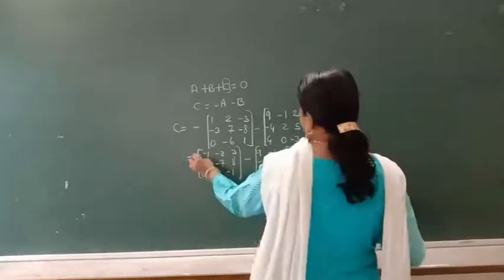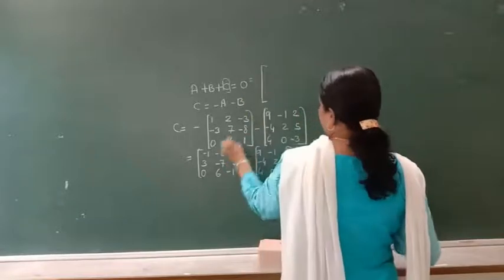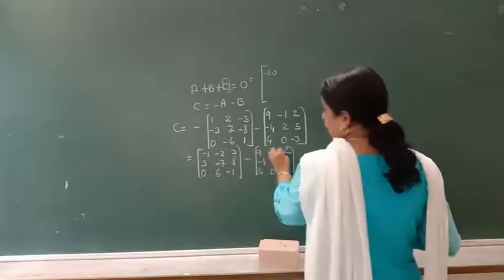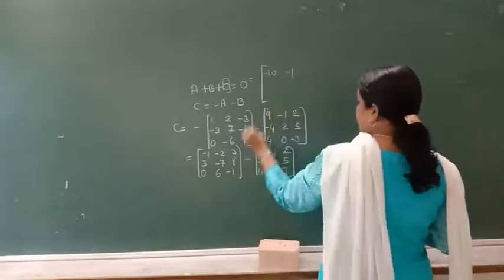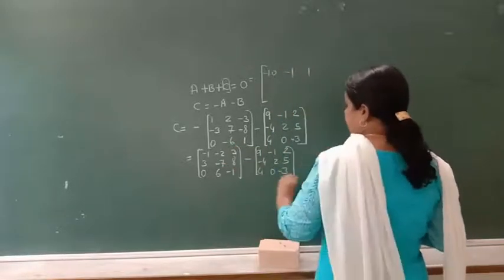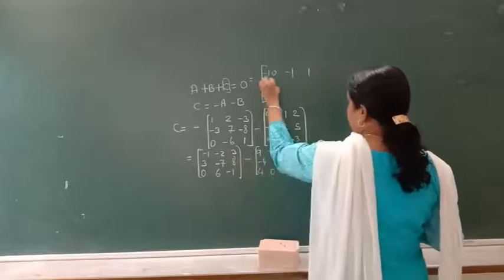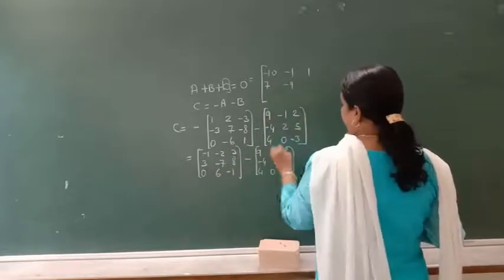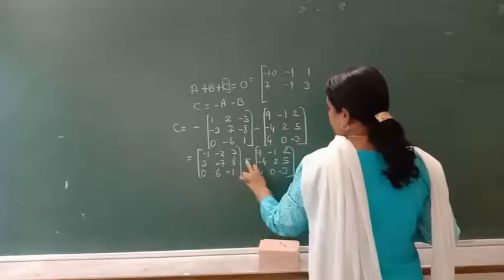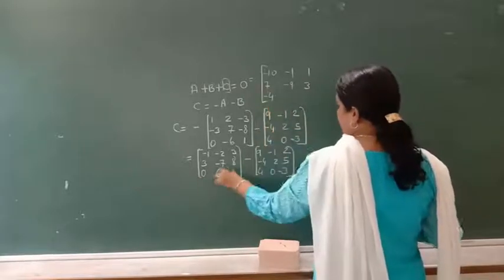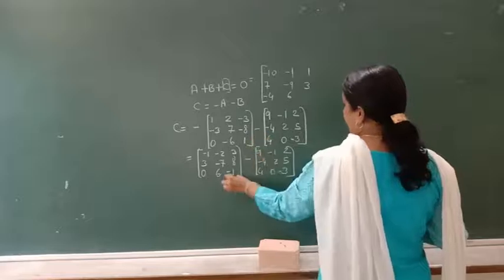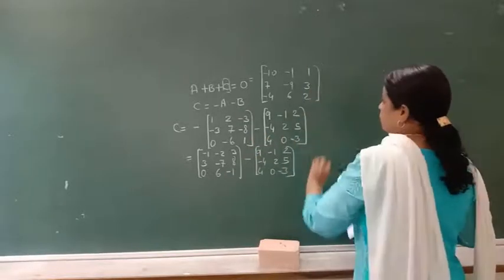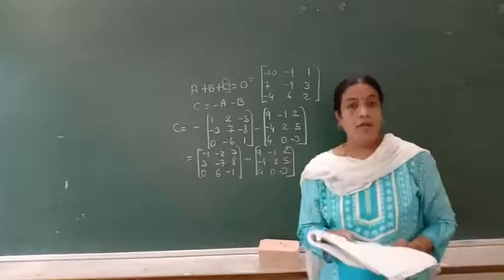What will you get? -1 minus 9, it is -10. -2 minus -1, that is -1. 3 minus 2, 1. 3 minus -4, 7. -7 minus 2, -9. 8 minus 5 is 3. 0 minus 4 is -4. 6 minus 0 is 6. -1 minus -3, -1 plus 3 is 2. So this is your final answer.